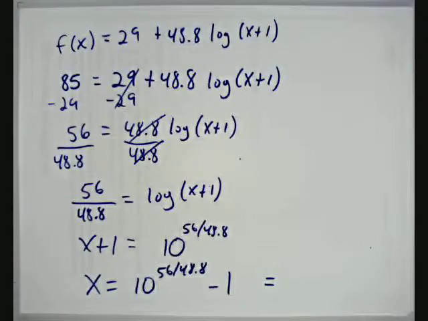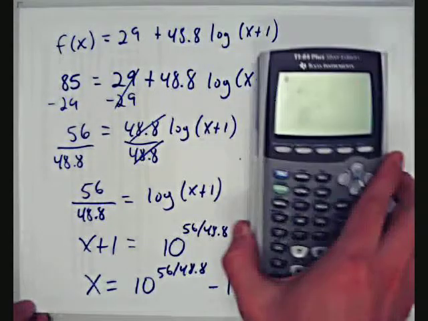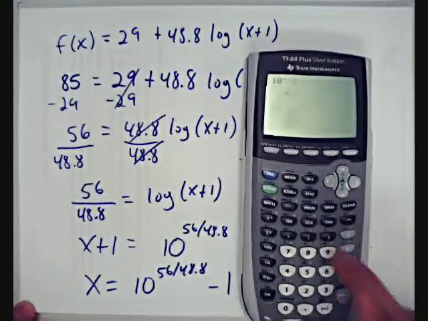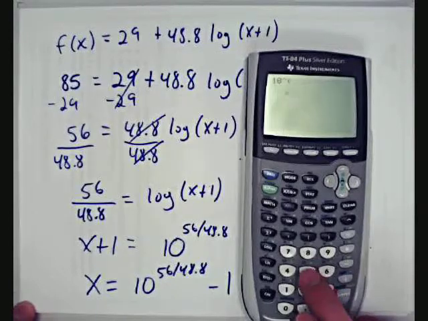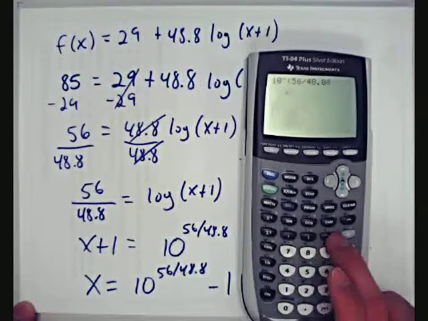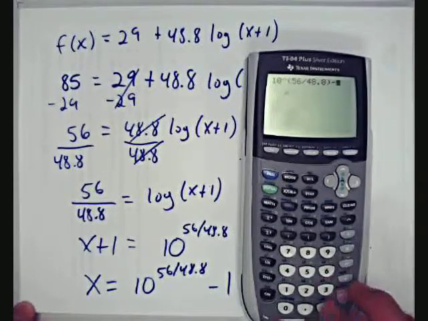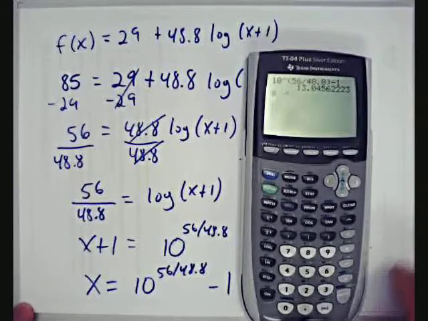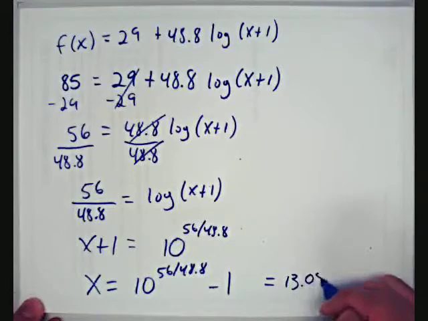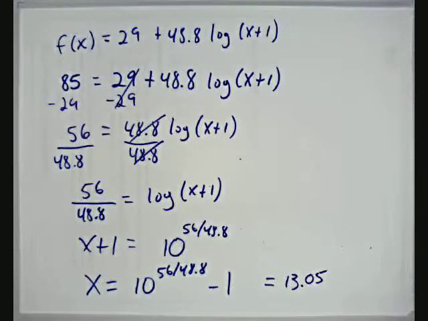On our calculator, if you have just the classic print, not the math print, we'd have 10 raised to the, in parentheses, very important you put this in parentheses, 56 divided by 48.8, close your parentheses, and subtract 1. So we get 13.05 years old. So at about age 13, a boy is 85% of his adult height.